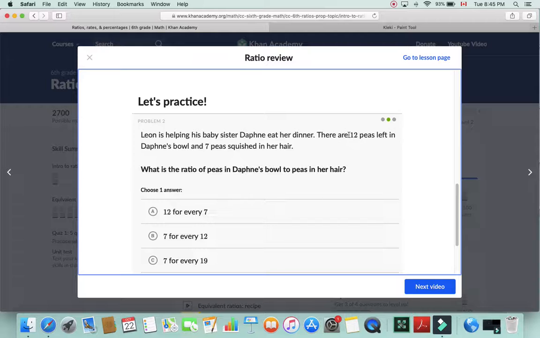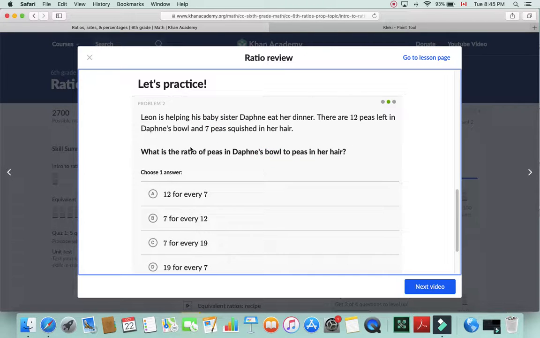Okay, so what we have to do again is find how many are in the bowl. 12. How many are in her hair? 7. So that means the ratio is 12 for every 7.